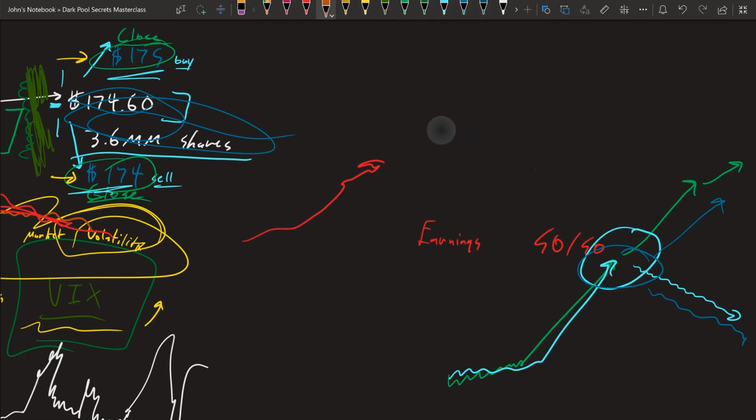Same share size and everything, but it moved the price to 174.2833. So you can see a little bit of slippage off of this 174.60 price, a little bit of slippage in the fill, and so they had to update the reporting. Sometimes you'll see a trade get reported twice because the first one was inaccurate.